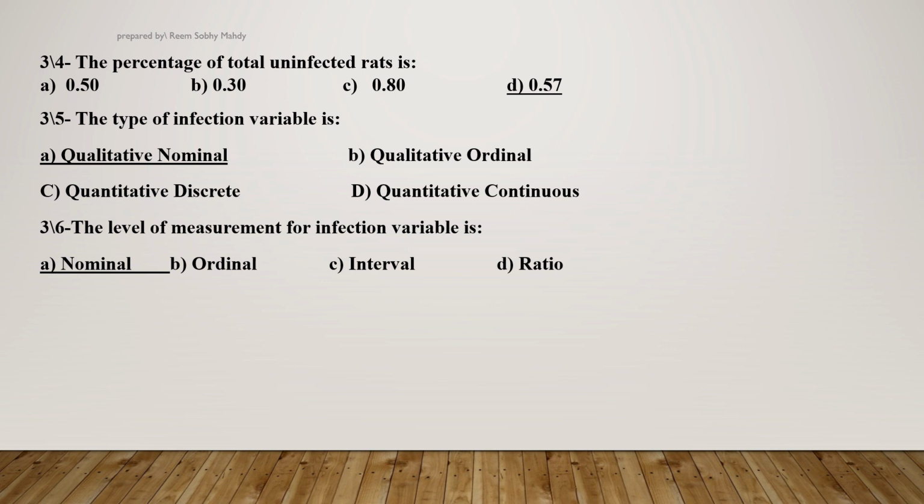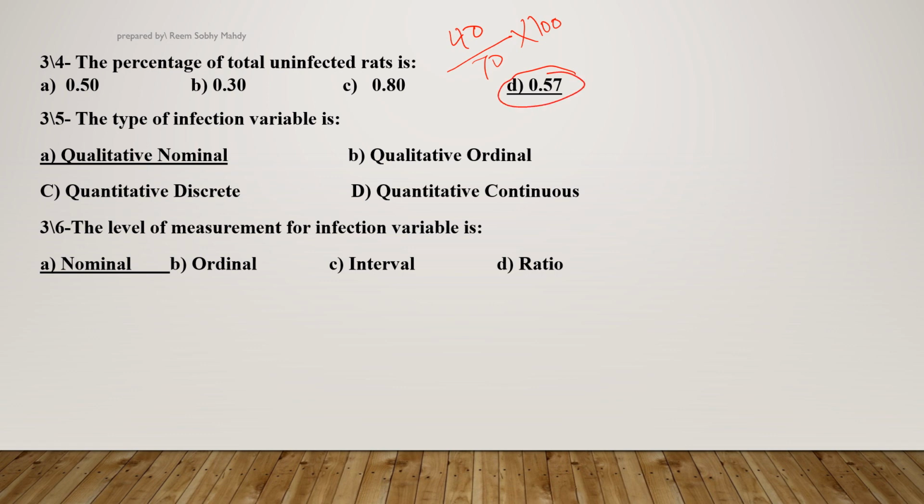The percentage of total uninfected rats: the total of uninfected equals 40, and the total rats or the total individuals equals 70, times 100, and this equals 57%.